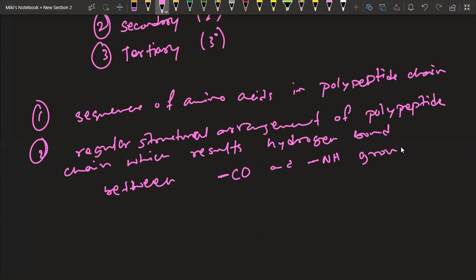Between these groups in the same peptide bond region.